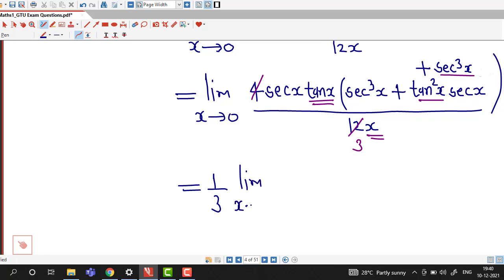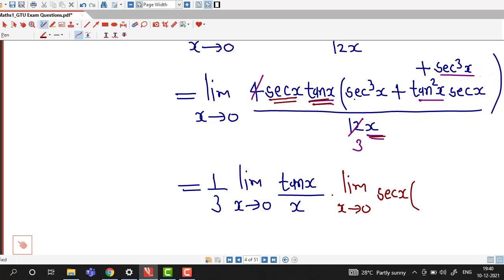I can again apply product rule for limit, and I can rewrite this as limit of tan x divided by x, and I take 1 by 3 outside, and limit x approaching 0, and I combine all these things. I keep all those things as it is.